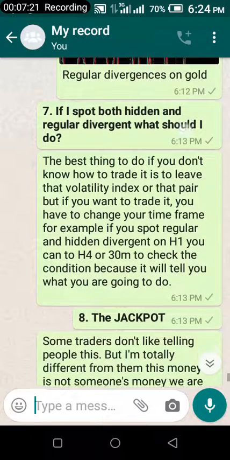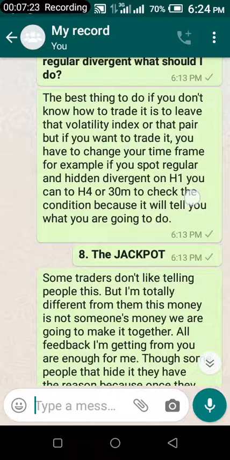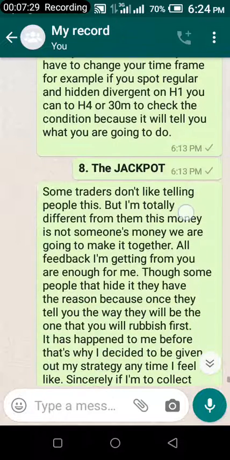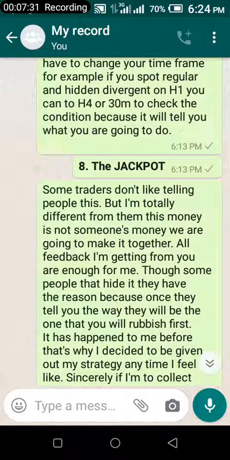So if you read it through, you see everything. Then this is the major thing I want you to understand, which is the reason why I'm making this video. It's called the jackpot. Jackpot on stochastic. What's the meaning of jackpot? You know we have divergence, and divergence is divided into two: regular divergence and hidden divergence.